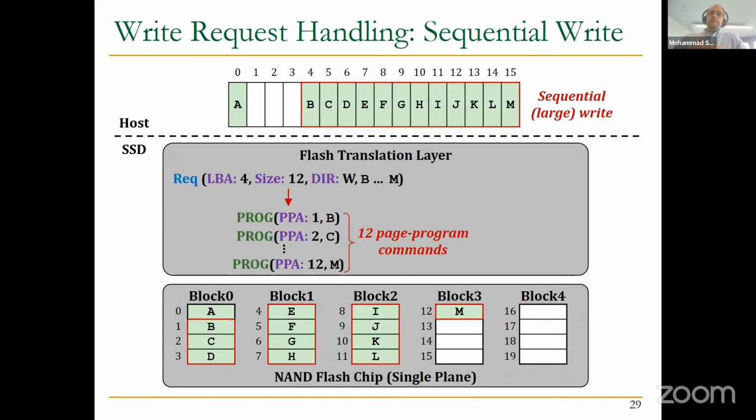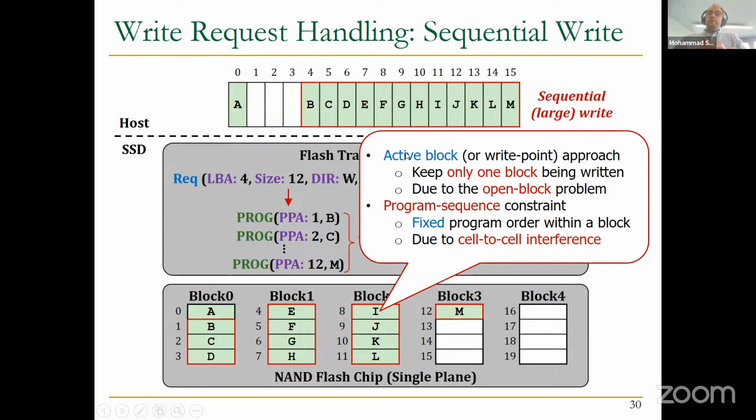And why is that? Because we have the problem of the active block, or write point approach. We like to keep only one block being written at the moment. This is due to the open block problem. If you have several blocks open, like several write points at the same time, they can cause a reliability issue for the data that has been stored.